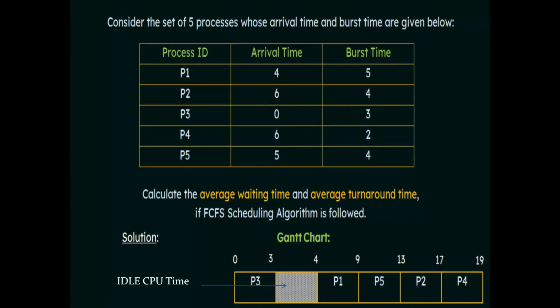But while the process P1 is being executed, at the 5th unit of time, process P5 comes. Now, because the first come first serve algorithm is preemptive. Sorry, it's non-preemptive. Means if the CPU is executing some particular process, it will keep on executing that particular process only.